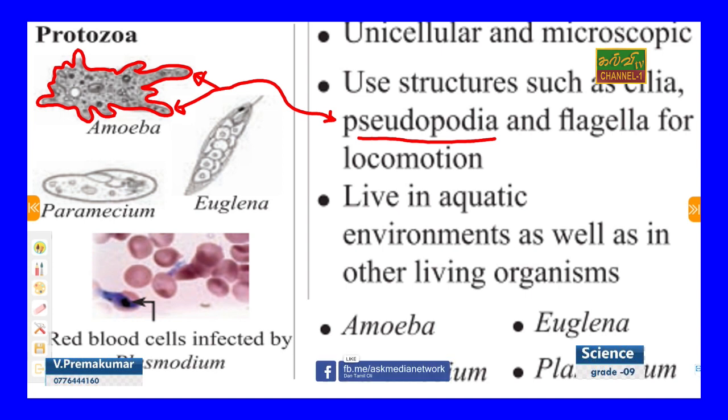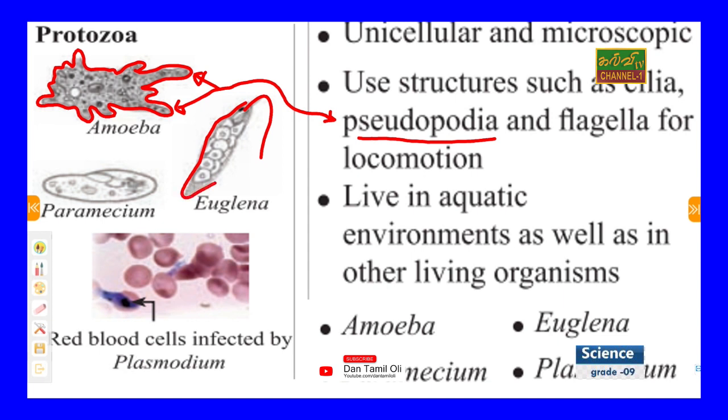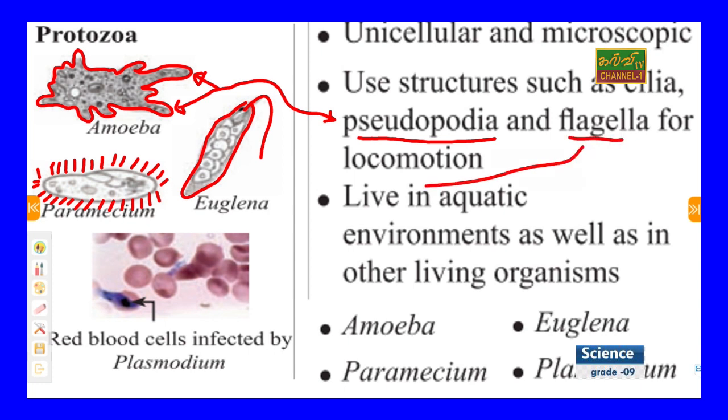Cilia means some kind of growth like this. This is cilia. Flagella, you know, are external growths of small size. Flagella and cilia.